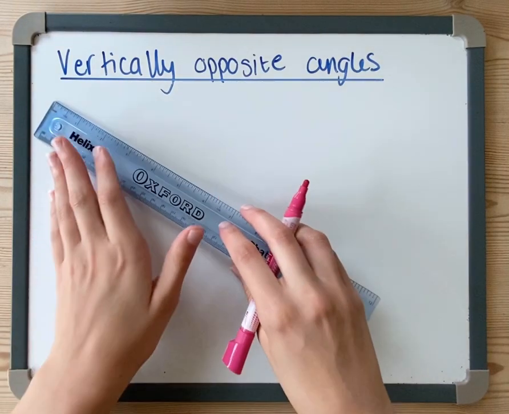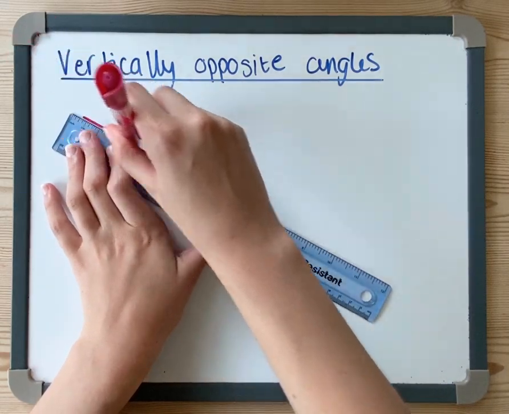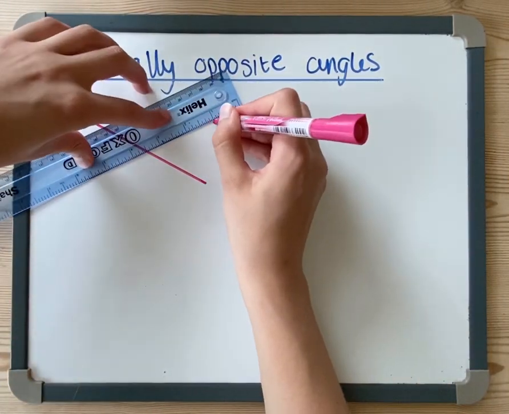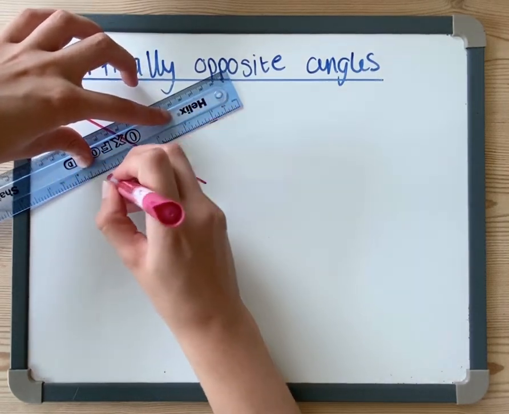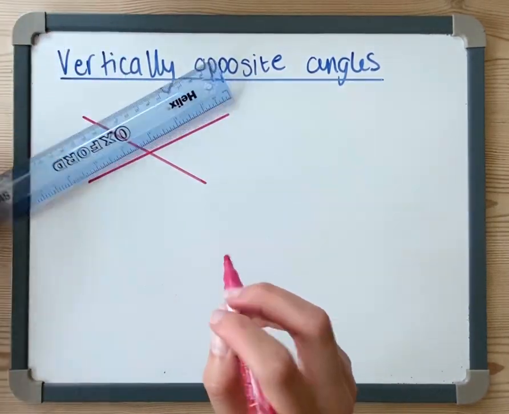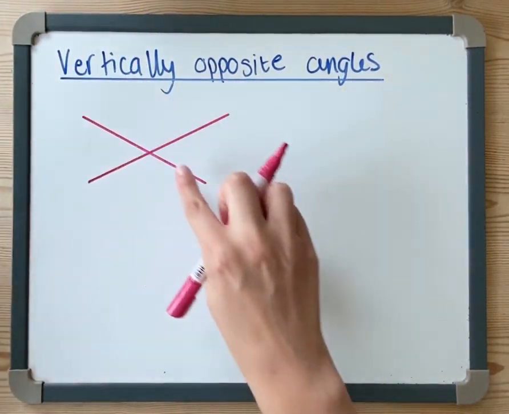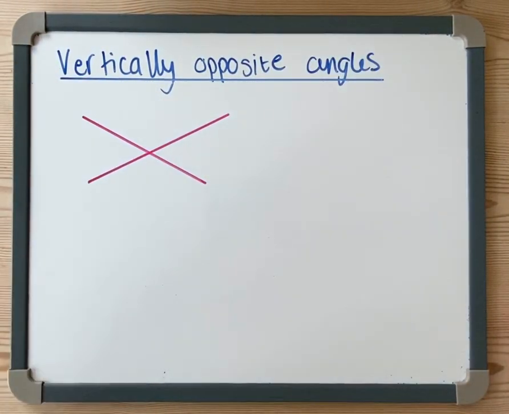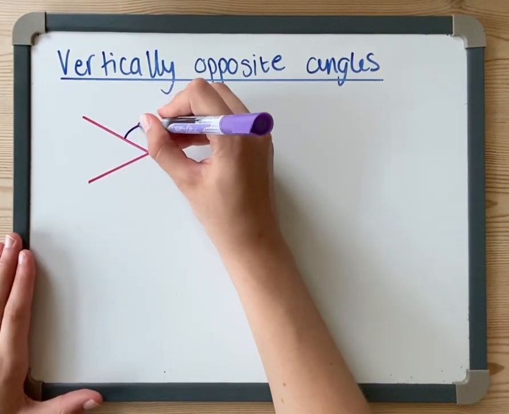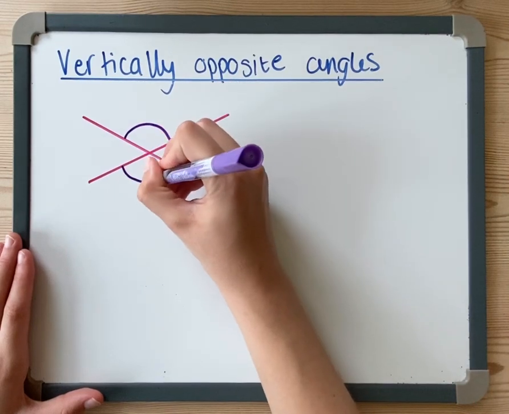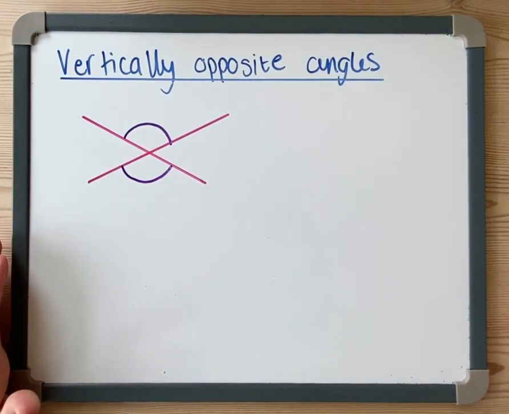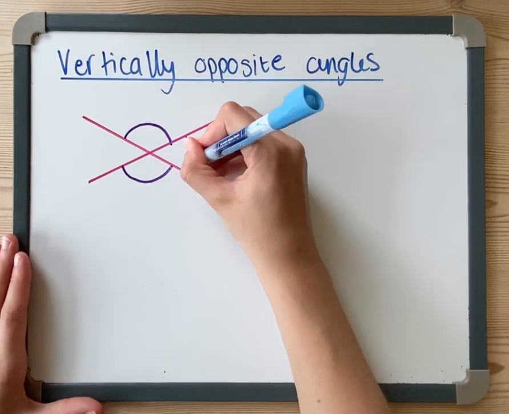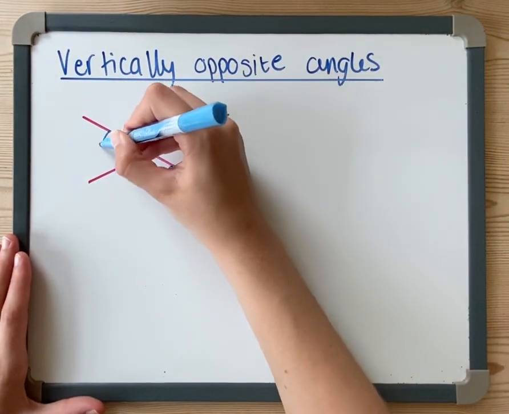The really important thing about vertically opposite angles is that we will always have two straight lines that intersect each other, and they've got to be continuous straight lines. You see that's going through there like that, and that one's there. And what that means is that this angle and this angle will be the same, as will this angle and this angle.